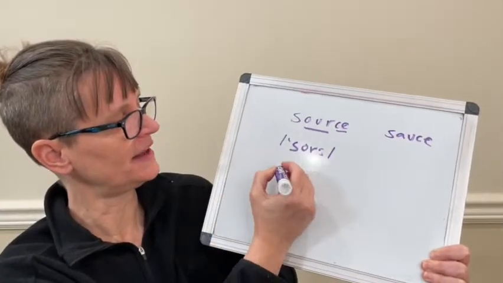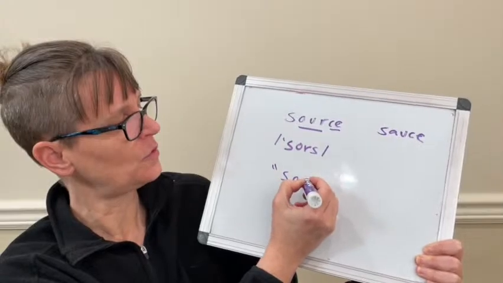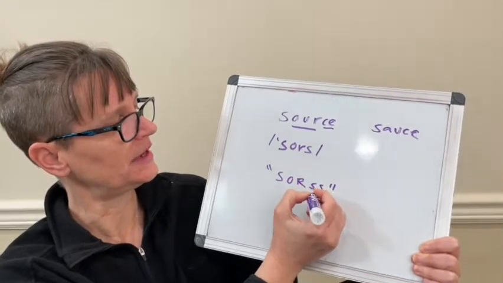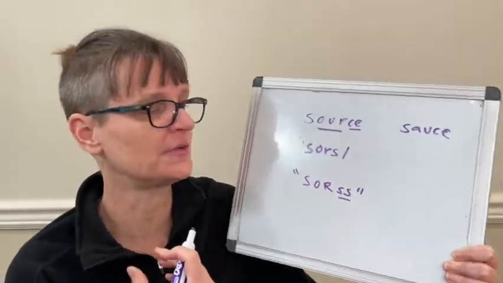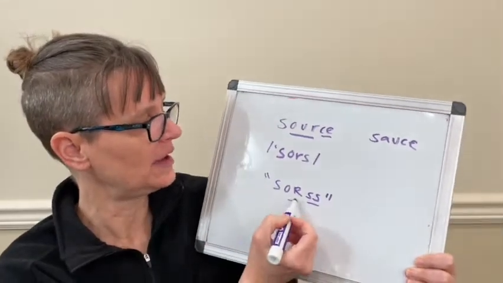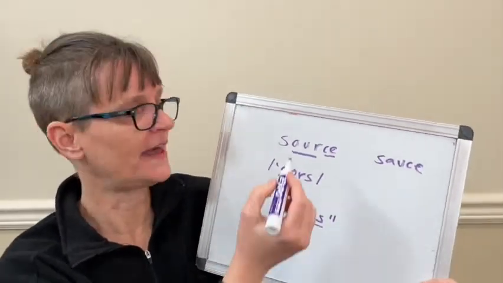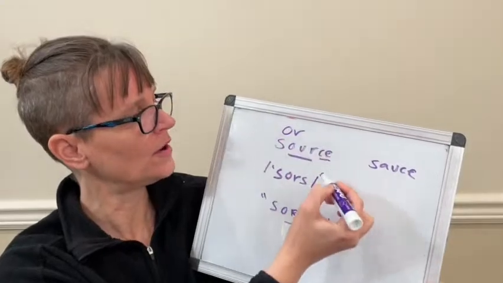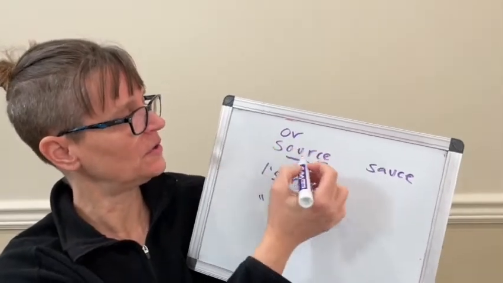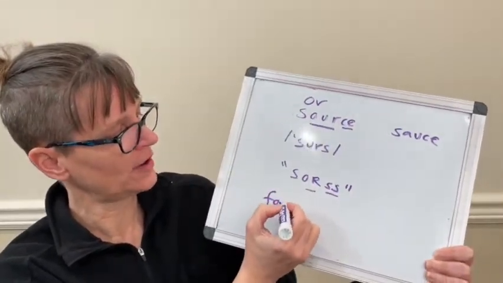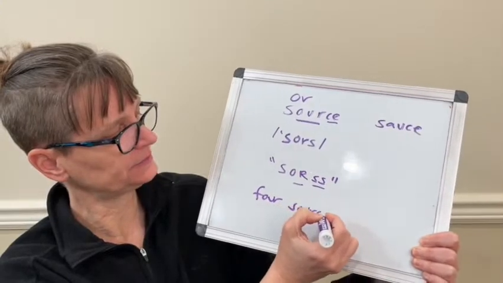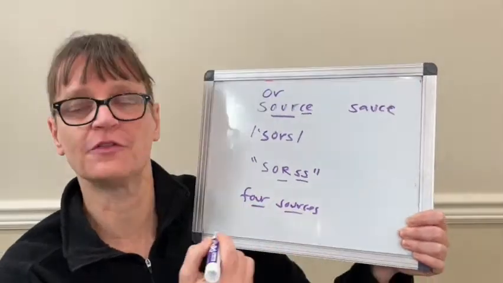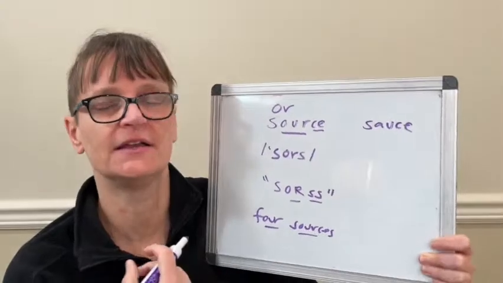So you might think of it as kind of sore, because if we spell with 2 S's, that may help you with that S sound. So to focus on that, maybe saying or the source, or you could say for sources. That can help you match those ors across the words.